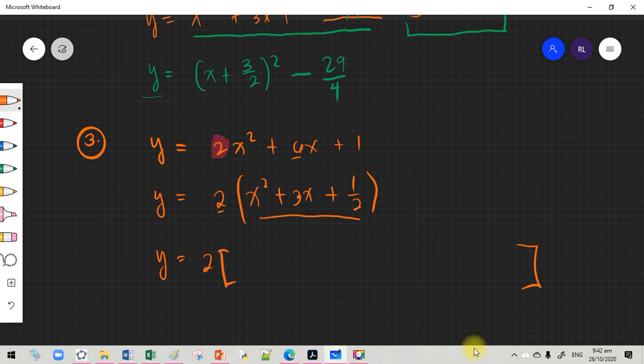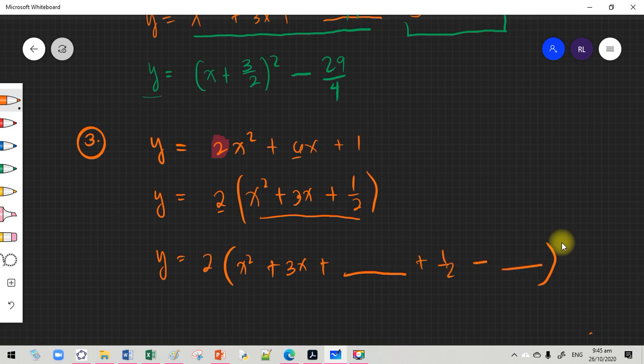So here we have x squared plus 3x plus something else, then plus 1/2 minus something else.